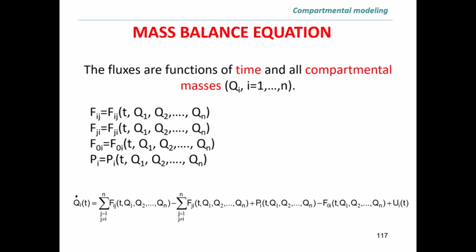Usually the fluxes are functions of time and all compartmental masses. Thus each flux can change in relation to time and in relation to the quantity inside the compartments of the model, as can be seen from these equations.